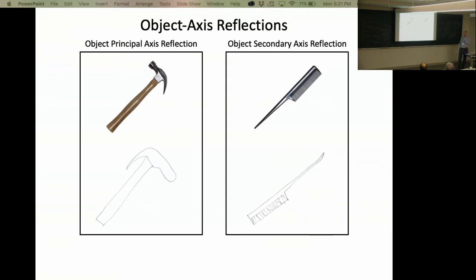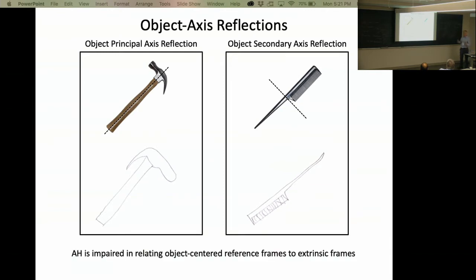And we found first that she made the same sorts of mistakes in perception that neurotypical individuals make in memory. So here, this is an object principal axis reflection. She's reflected the hammer across the long axis here. This is an object secondary axis reflection. And so that tells us that in perception, she is impaired in relating object-centered reference frames to extrinsic frames.